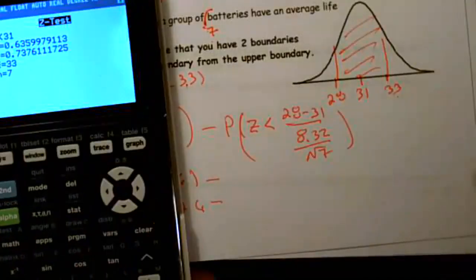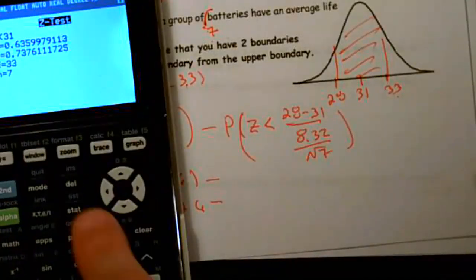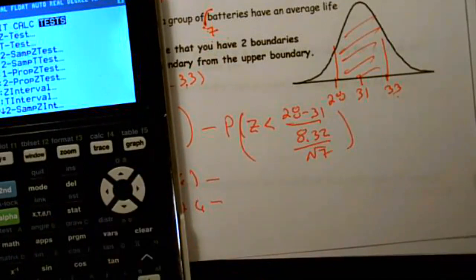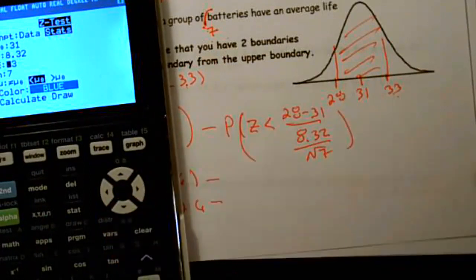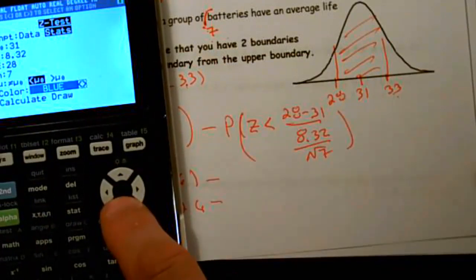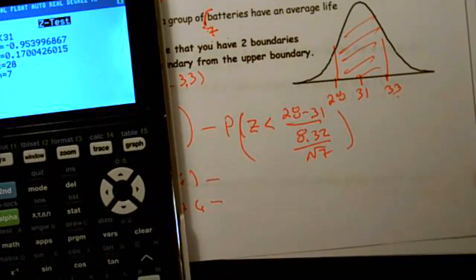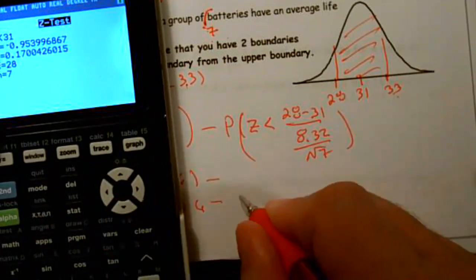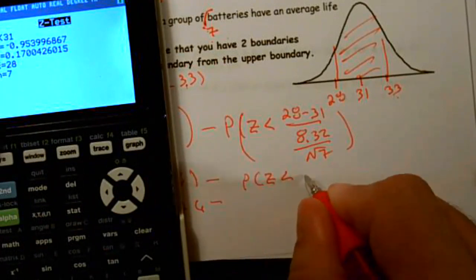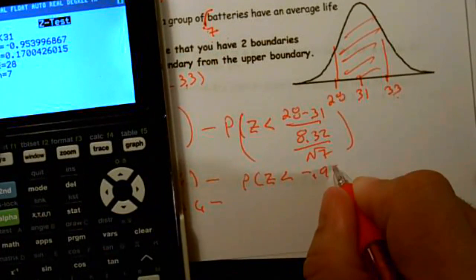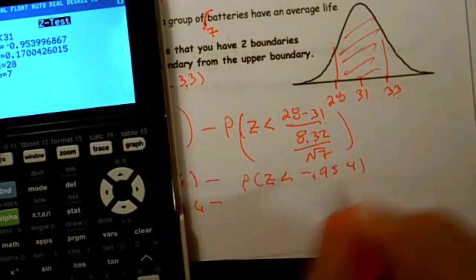And then I'm going to run the other side of this, which is going to be stat test, z-test, one more time. Now I've changed my lower bound to 28. Sample size is the same. And I end up with minus the probability that z is less than negative 0.954.